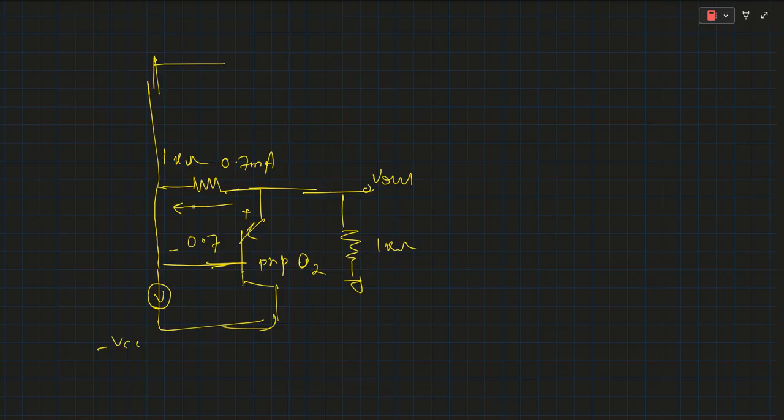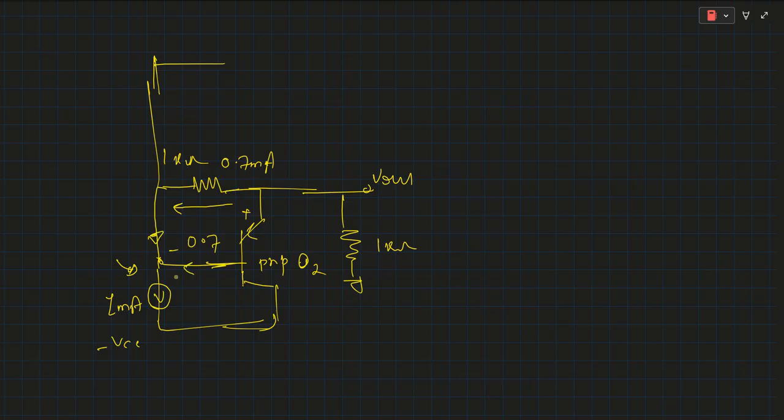Now we can apply KCL at this node. 1 milliampere current is flowing in this branch, and another 0.7 milliampere is flowing in this branch.